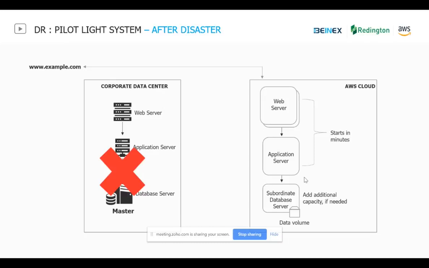So there is a risk appetite which they accept, and you'll be manually turning on the web and application servers, which will start in minutes on the AWS cloud. But your database is already replicated from your primary to the DR side. So as soon as these machines are turned on, first you turn on the application server, and then the web server or any other servers.